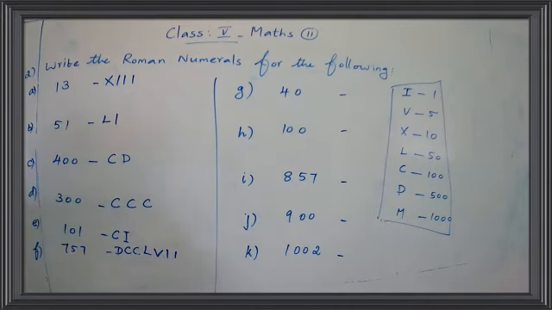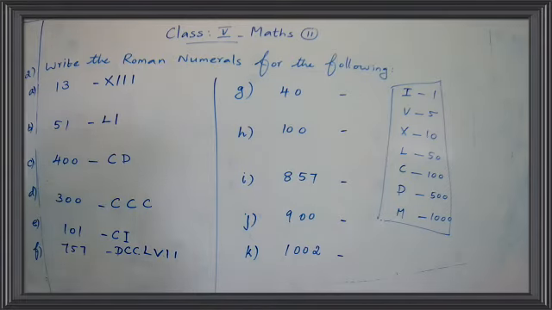Now you come to the G part, 40. So 40 can be written as 30 plus 10. Yes or no? Otherwise, 50 minus 10, yes children? That also is 40. Yes or no?